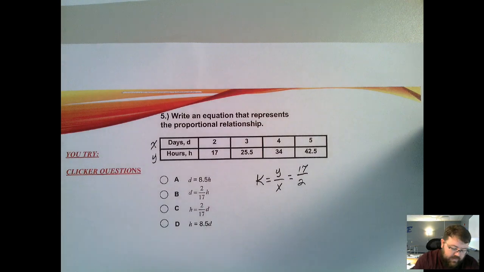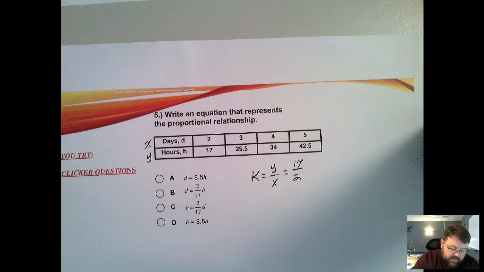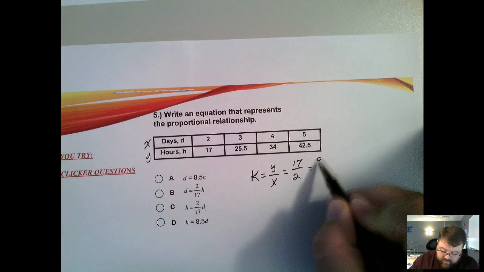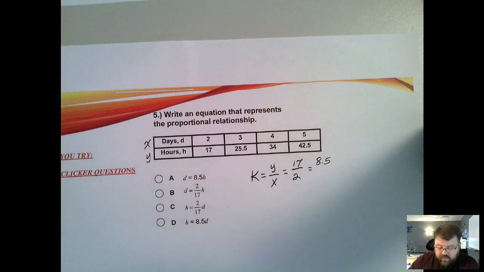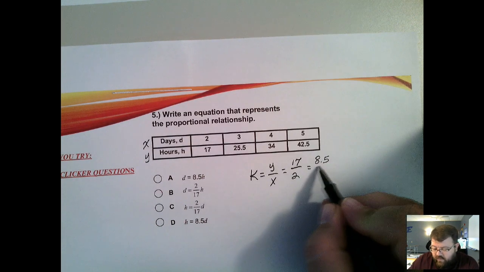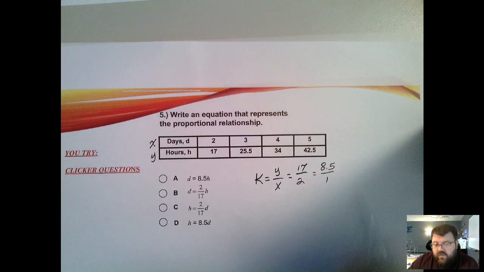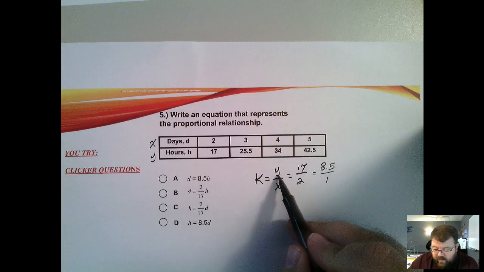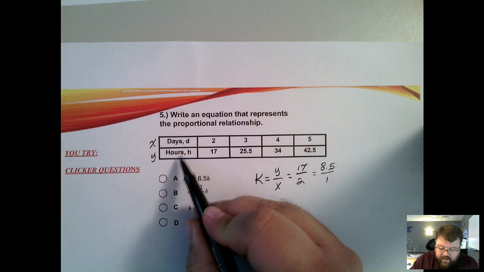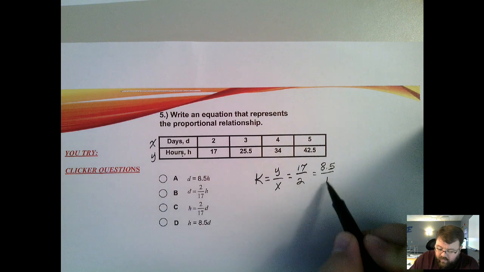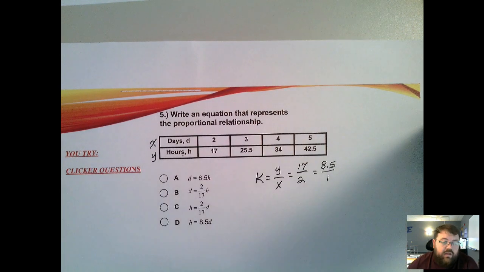You need to divide these two. So 17 divided by 2 is 8 1/2. Now, of course, I don't write it over 1. You would have 8 1/2, y is hours, so 8 1/2 hours in one day. So you maybe worked 8 1/2 hours in one day.